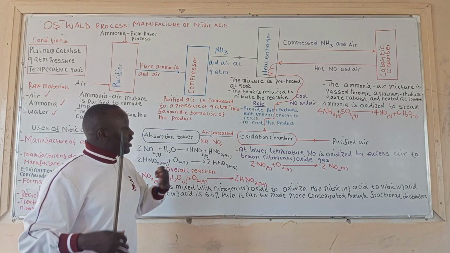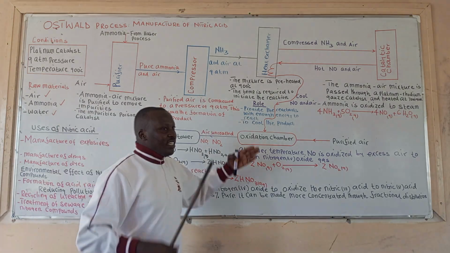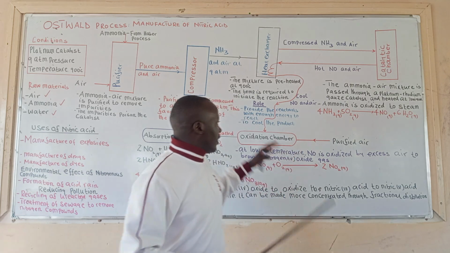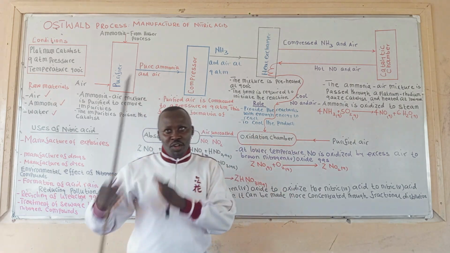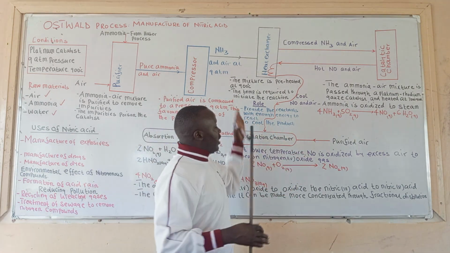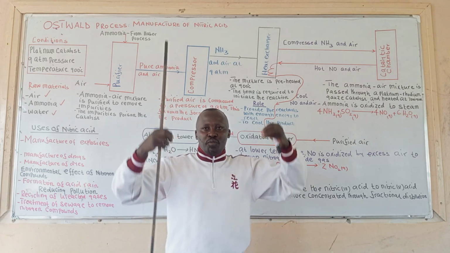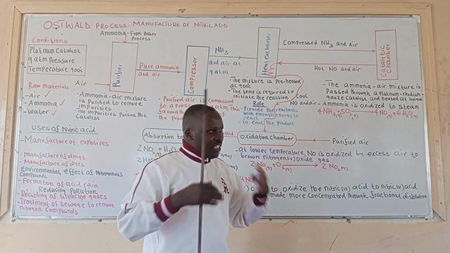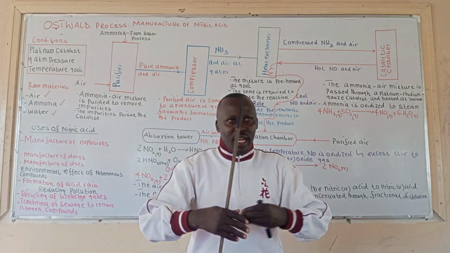Now, what is the role of the heat exchanger? The heat exchanger provides the reactants with enough energy to react. In this case, the reactants are ammonia and air. So they are taken into the heat exchanger to be provided with enough energy for them to react. And again, the heat exchanger can cool the product.